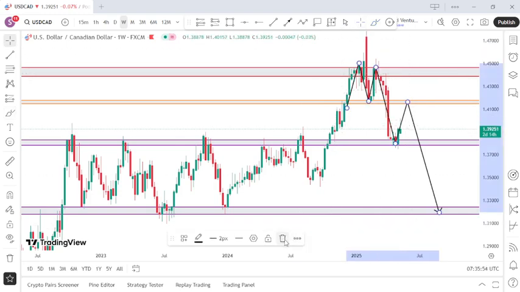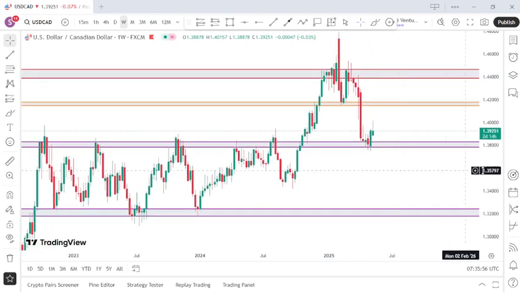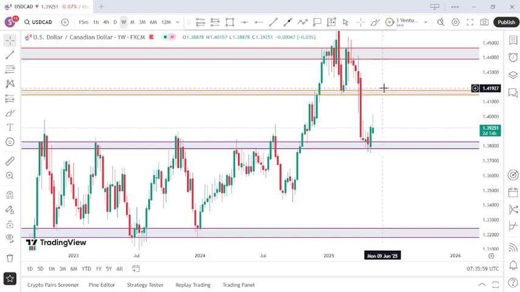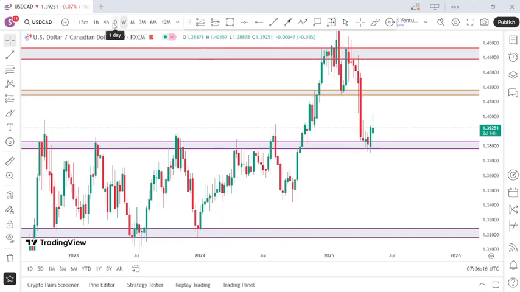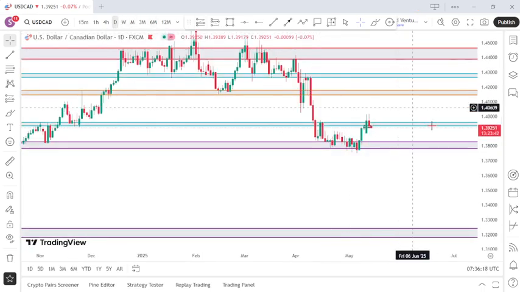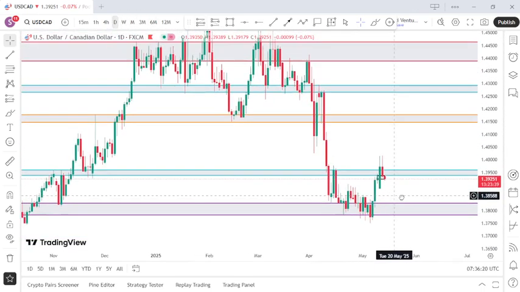This is what you are expecting on USD CAD. But we know that price should go here, tap into the weekly zone before the drop. So why don't we take advantage of the move from here all the way here before price drops to the downside? So let's go to the daily, then to the 4 hour and prepare for the entry.